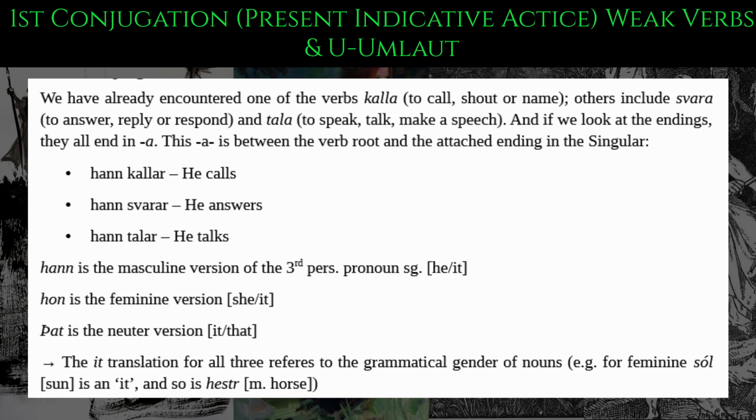So, we have actually already encountered one of the first conjugation weak verbs, kalla, which means to call, to shout, or to name. Others include svara, which means to answer, to reply, or to respond, and tala, which means to speak, to talk, or to make a speech.